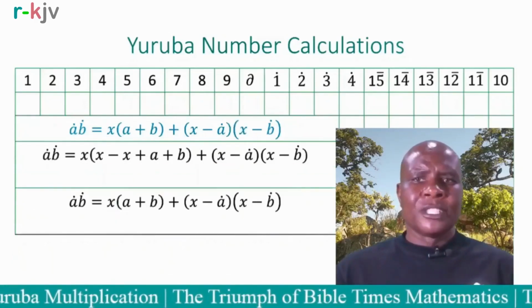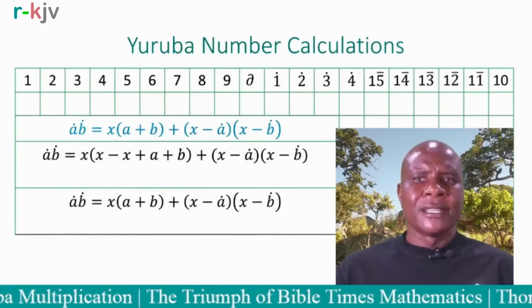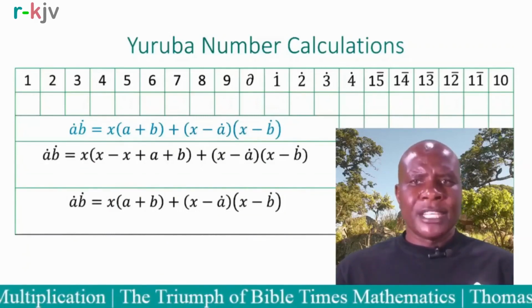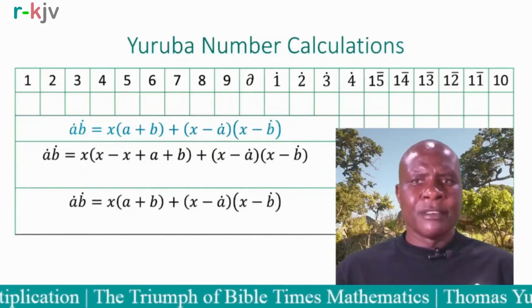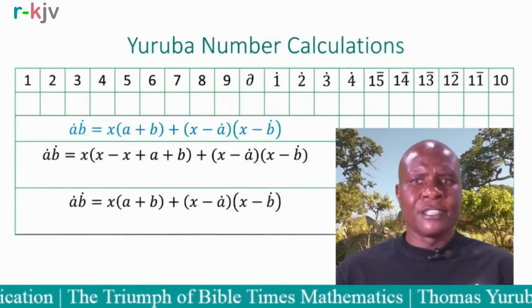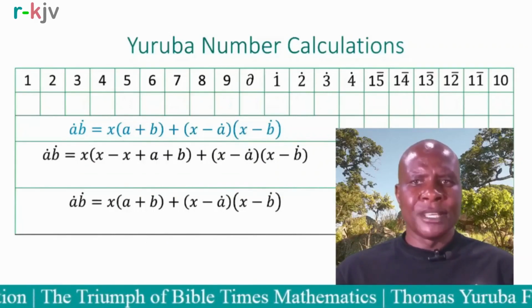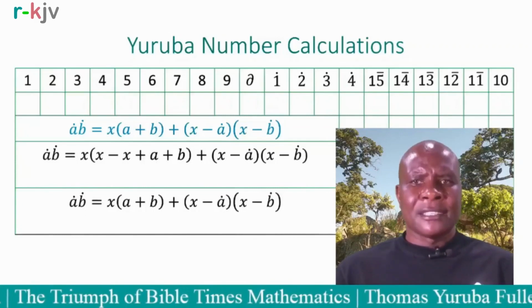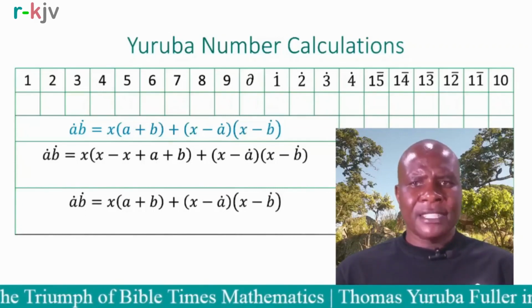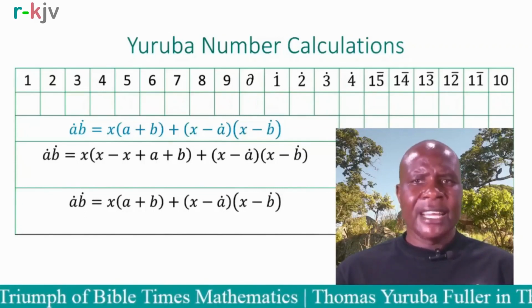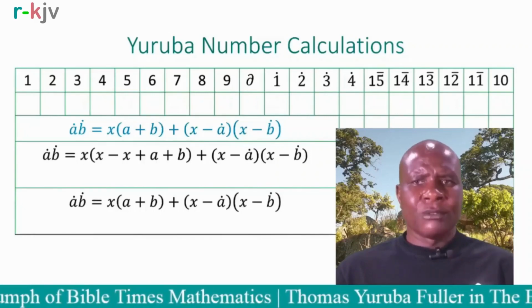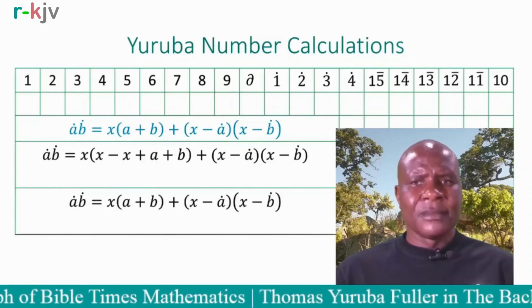The final algebraic formula is the product of .A and .B is equivalent to the product of x and the bracket of A plus B plus the product of the bracket of x minus .A and the bracket of x minus .B.